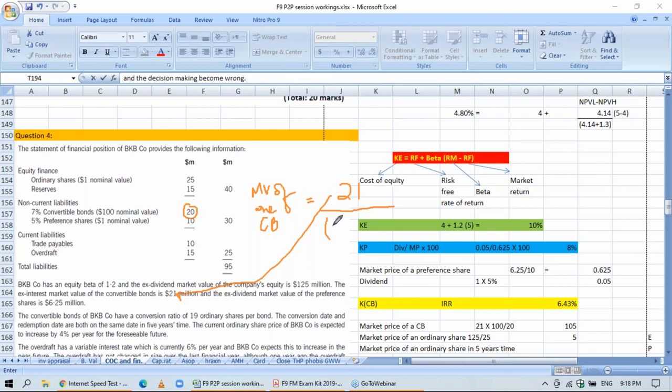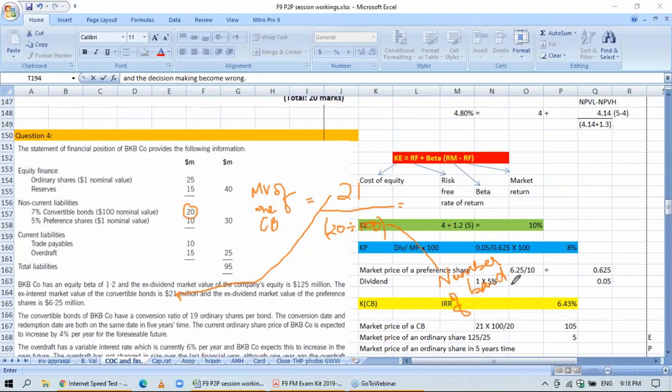20 is the value of bond in the balance sheet. Divide the 20 by 100, which is face value. Do like this and see what's the answer on your calculator. Check the answer. Now this fraction gives you the number of bonds. The question is not giving you the price of one bond.